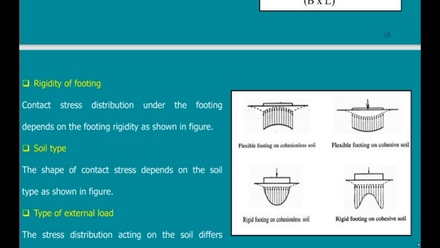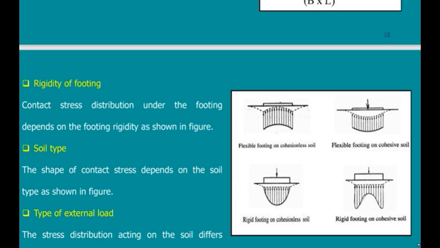When I put a load on top of it, the load is distributed all around this area and it pushes the ground. But if I take a piece of cloth or a piece of paper and I just put my finger on top of it, would I expect that the paper will push the ground? No, my finger will push the ground because this piece of paper is very flexible, it's not rigid.